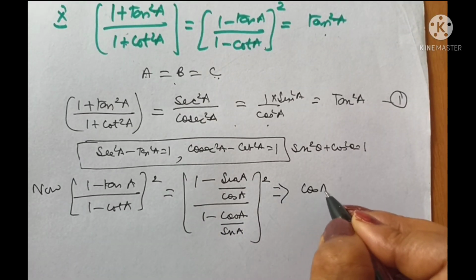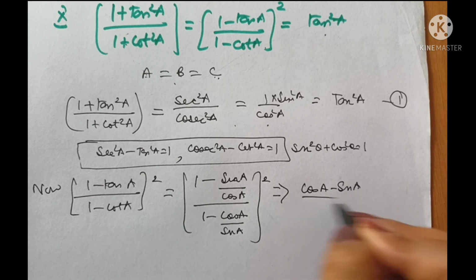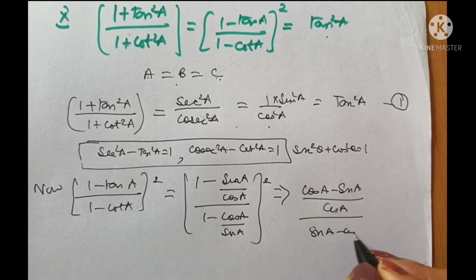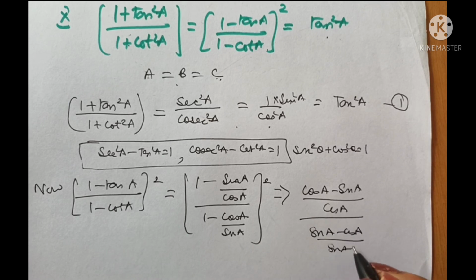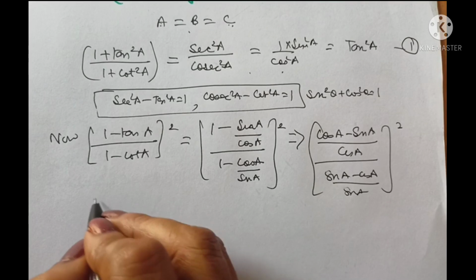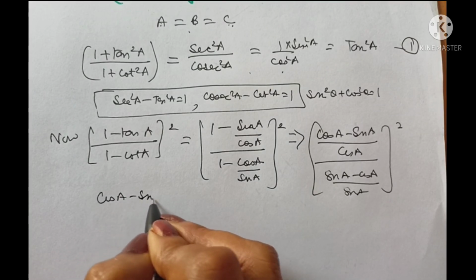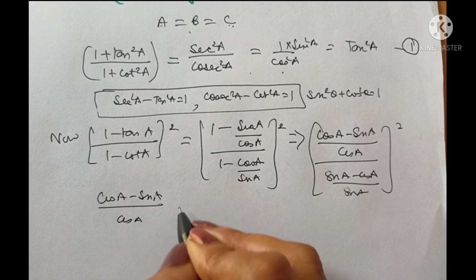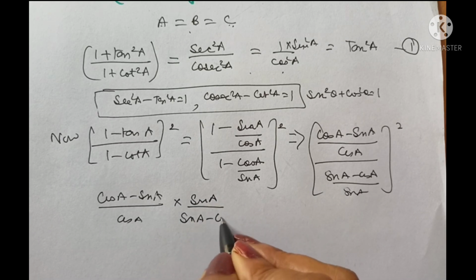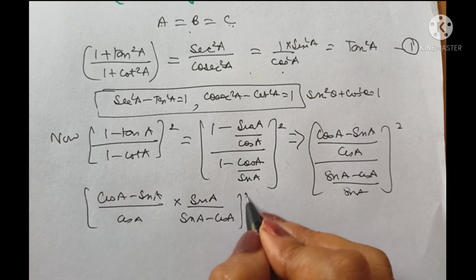Solving this, I get cos A minus sine A upon cos A divided by sine A minus cos A upon sine A and a whole square. Rearranging, I get cos A minus sine A divided by cos A multiplied by sin A divided by sin A minus cos A and a whole square.